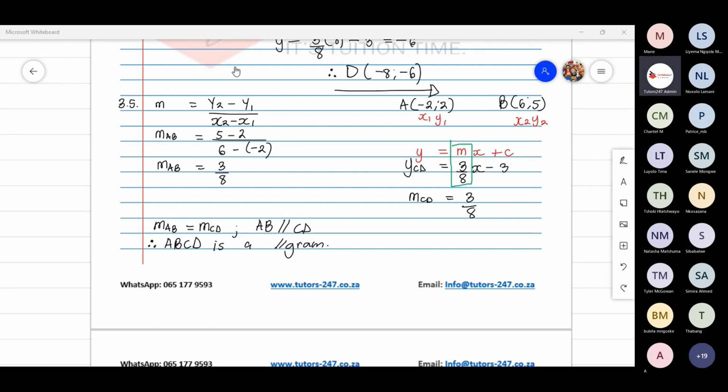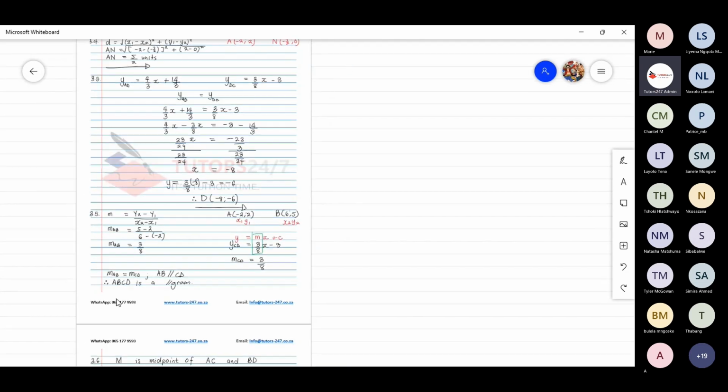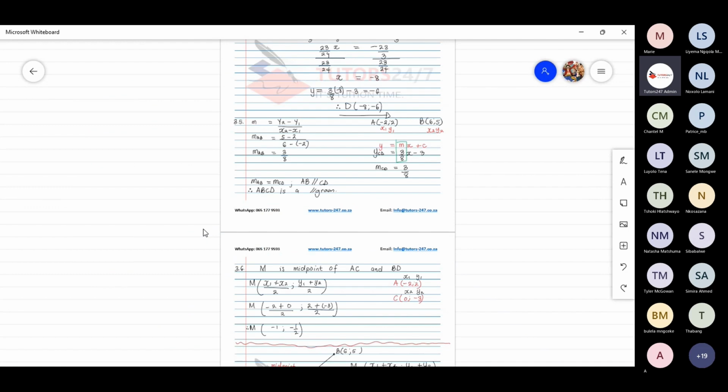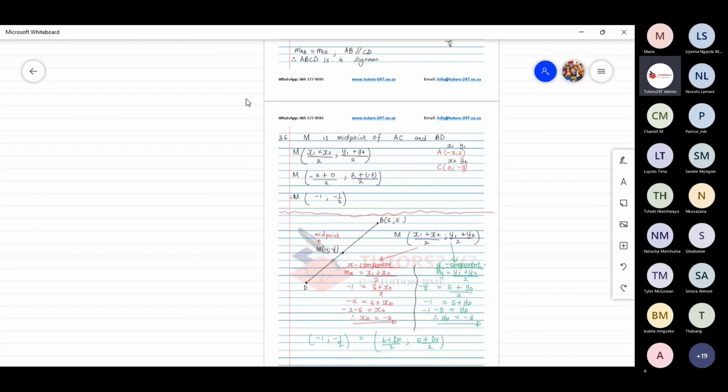So that is basically it for question 3. Let us go to question 4 and see how long it is, because we have about 18 minutes left. And like I mentioned previously, it's unrealistic to expect us to complete an entire year's syllabus in a 2-hour class.